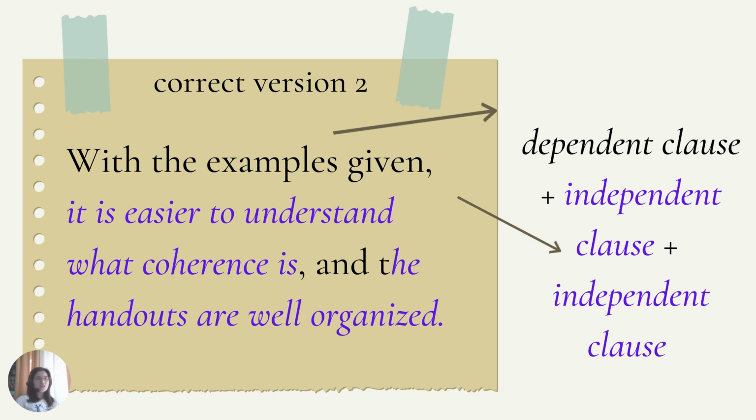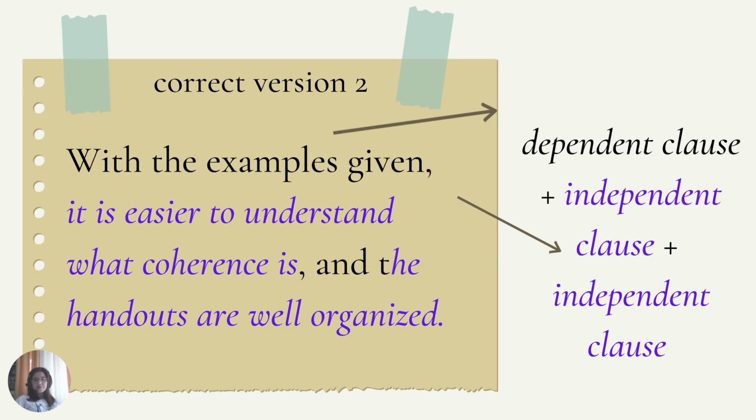It is easier to understand what coherence is because, do not be mistaken, they are together. It will be a different idea if we put with examples given and then the comma, the handouts are well organized. That's a different one. So you will be mixing the ideas.